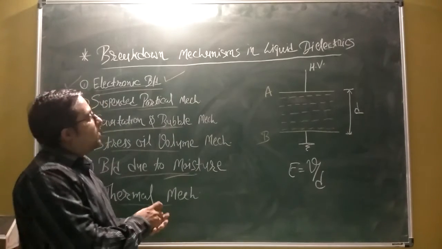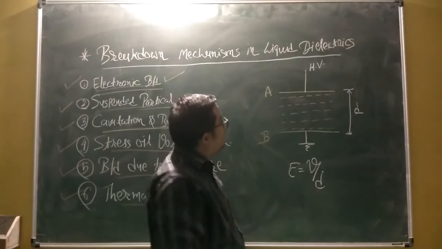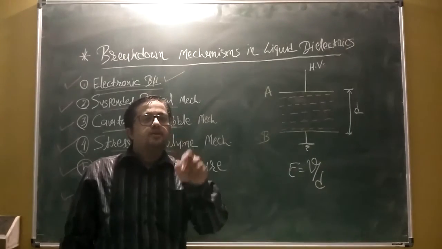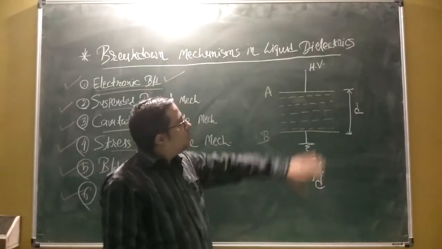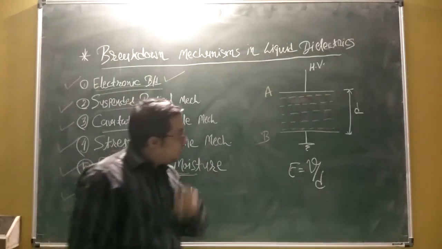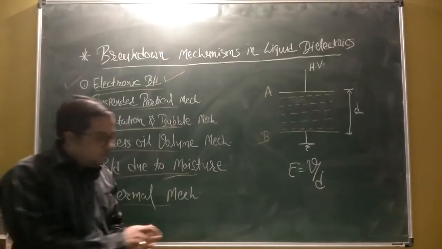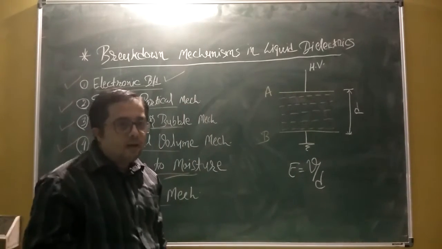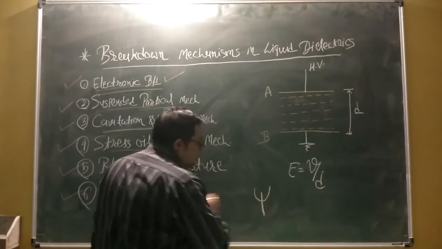So now how does this electronic breakdown take place? Very simple phenomena to understand. When we are giving the voltage, the electrons must be injected to assist or to lead the conduction process in the insulation. Now when the conduction takes place, then you can have the development of electrostatic field. Here this electrode is made up of a metallic material, and this metallic material has the work function.